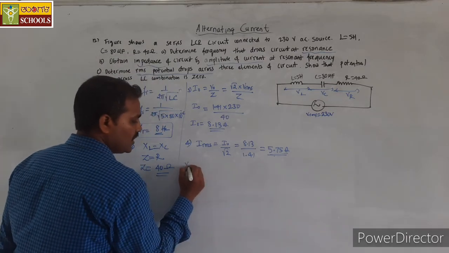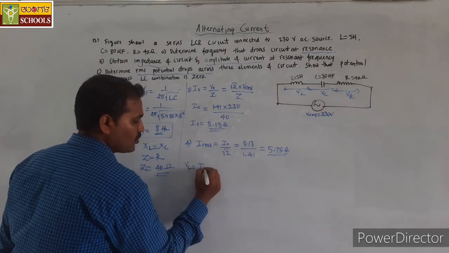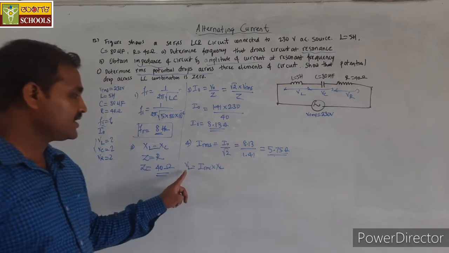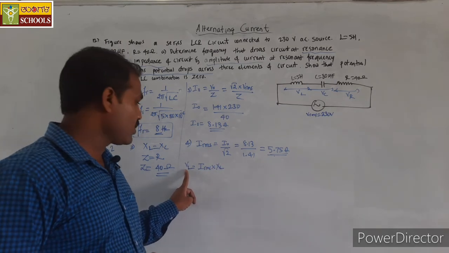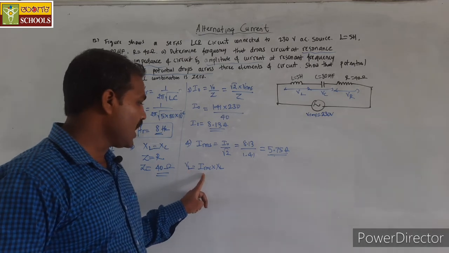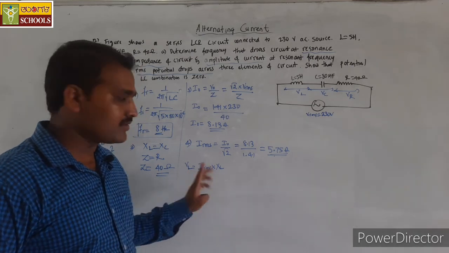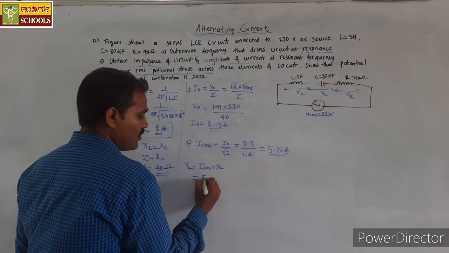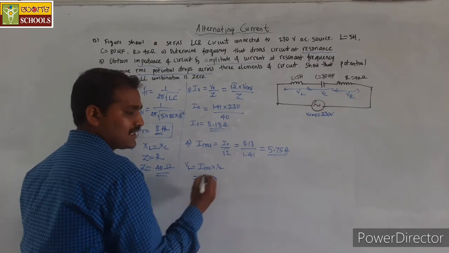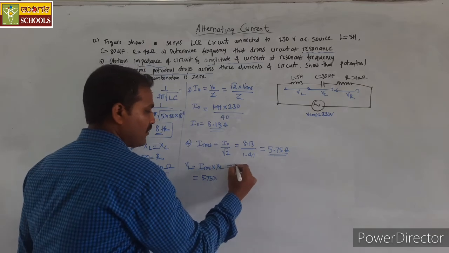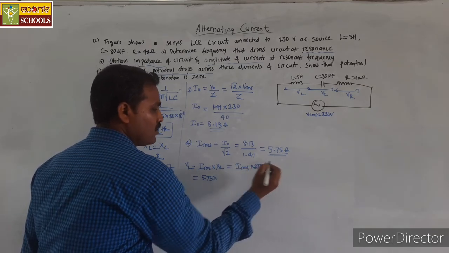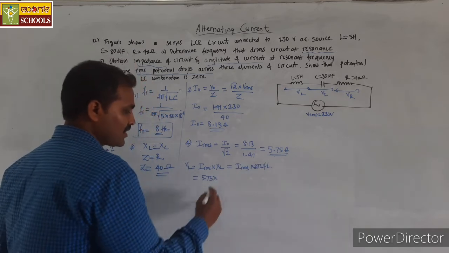Then VL is equal to I RMS into XL. That is the potential drop across the inductor, equal to I RMS into the reactance of the inductor. Substitute the values here. I RMS is equal to 5.75. XL is nothing but 2 pi F L. Those values I will substitute here.